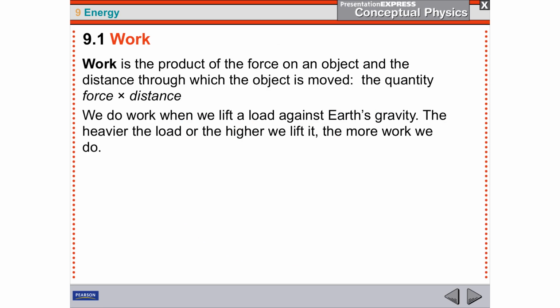So as an equation, work is the product of force times distance. Work is thought of as a force times a distance, or F times D equals work. So like we lift a load against gravity, the heavier the load we lift, the more work we do.